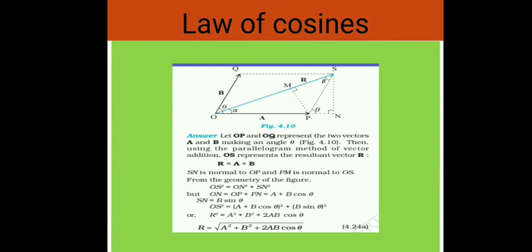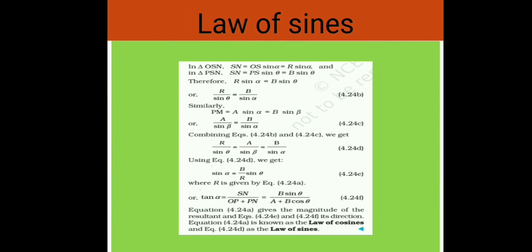Now next one, law of sine. In triangle OSN, SN equals OS sin alpha, and that equals R sin alpha. In triangle PSN, SN equals PS sin theta, that is equal to B sin theta. Therefore, R sin alpha equals B sin theta, or R upon sin theta equals B upon sin alpha.